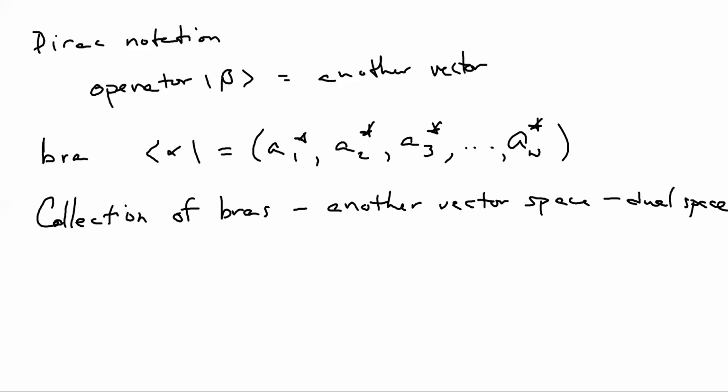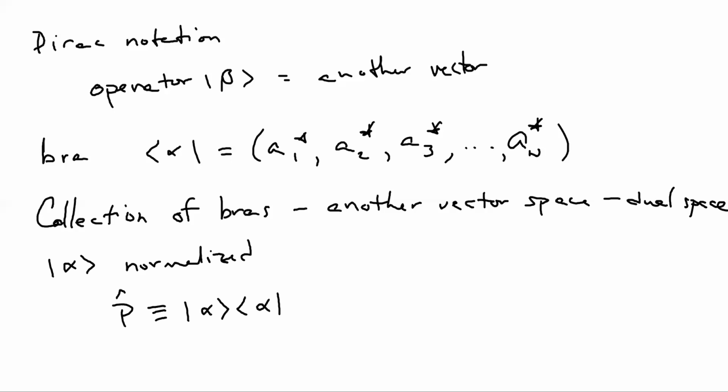Right. So if we've got an alpha that's a normalized vector, you could have an operator, we'll call it P, that picks out. So our operator P would pick out the portion of any other vector that lies along alpha, right?